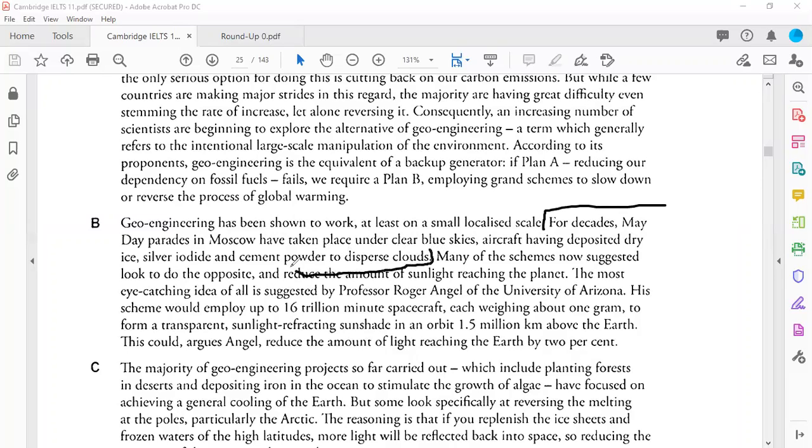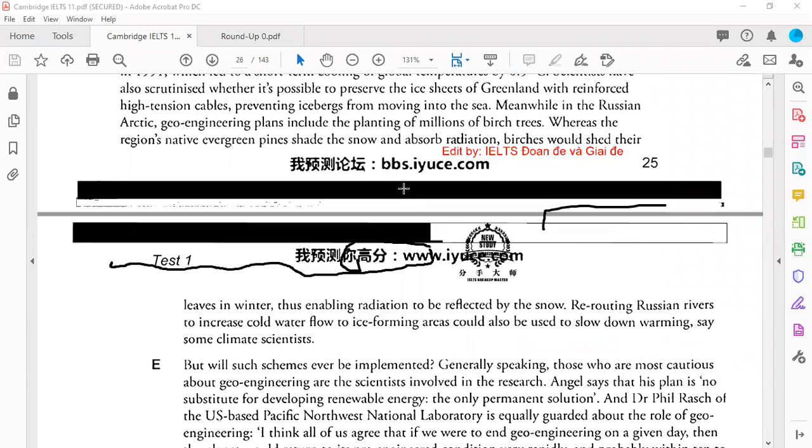Can you go to paragraph D? Moscow have taken place under clear blue skies, aircraft having deposited dry ice, silver iodide, and cement powder to get rid of clouds, to disperse clouds. So there, they've used it to keep the clouds away from their functions.